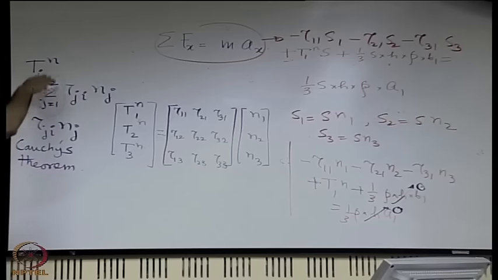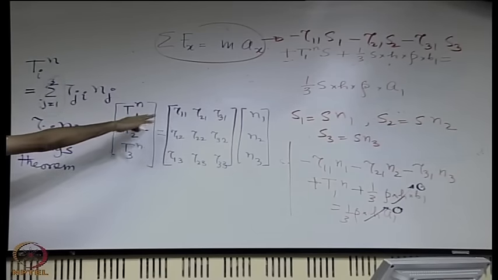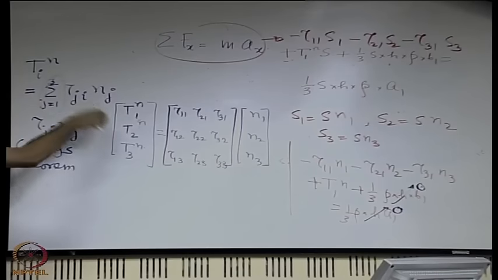So whatever equations that we have written, this is not something new, just put i equal to 1, it will correspond to the first row of this, i equal to 2 and i equal to 3.